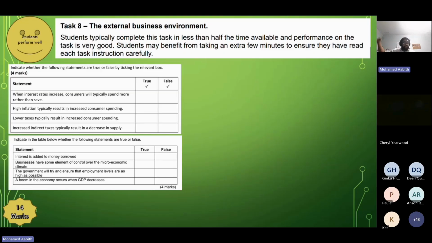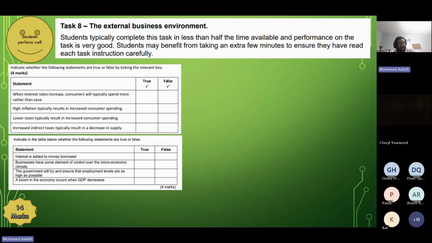Now the petrol price is going up. Do you think I'm going to fill my tank up 100% when the price is really high? Makes no sense at all, isn't it? Typically when you have high inflation, people are reluctant to spend their money. They're thinking they're not getting the right value for it. So again, in this scenario, it's false.